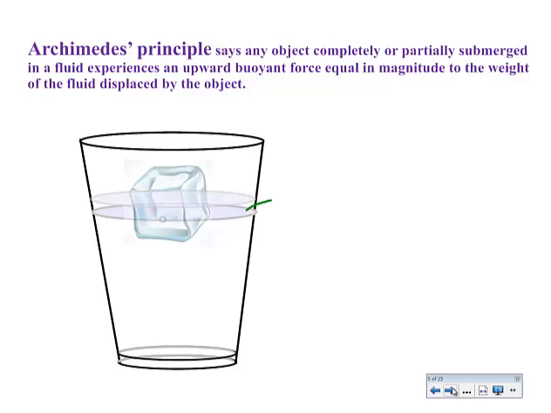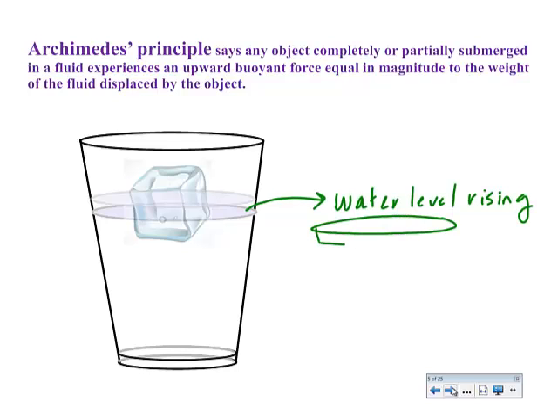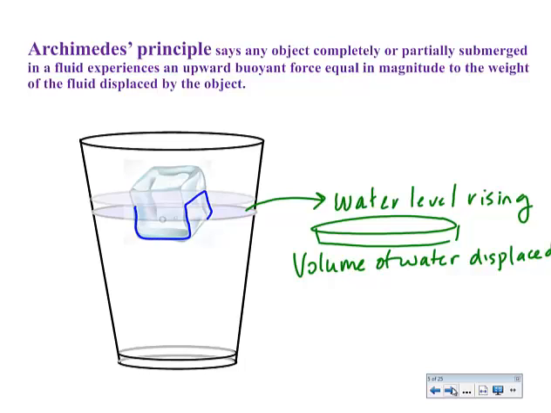If we think about how much the water level rises, or if I think about the volume of this shape I've created, that volume of displaced water is equal to the volume of the ice cube that's under the water.